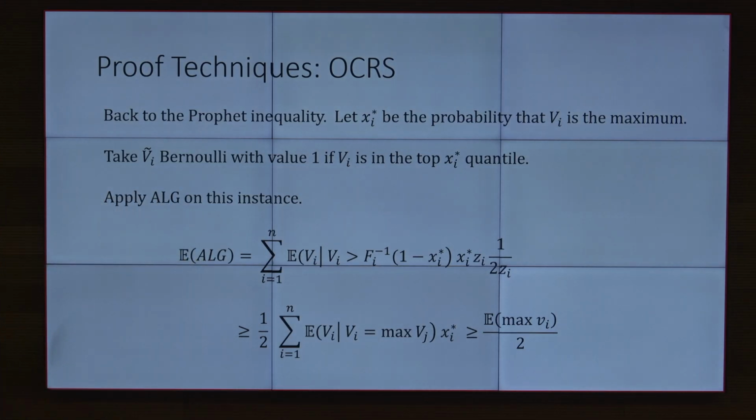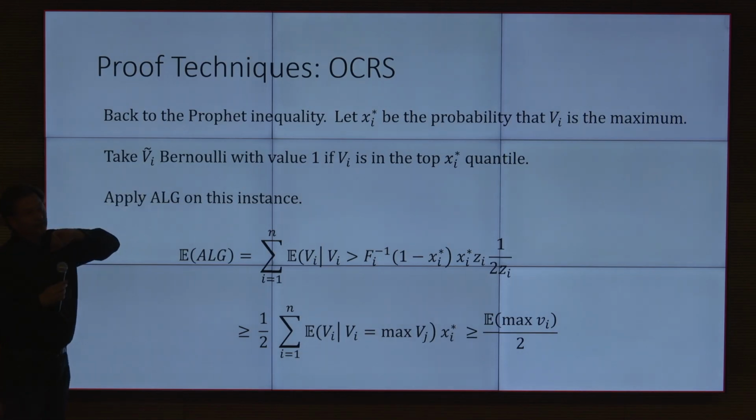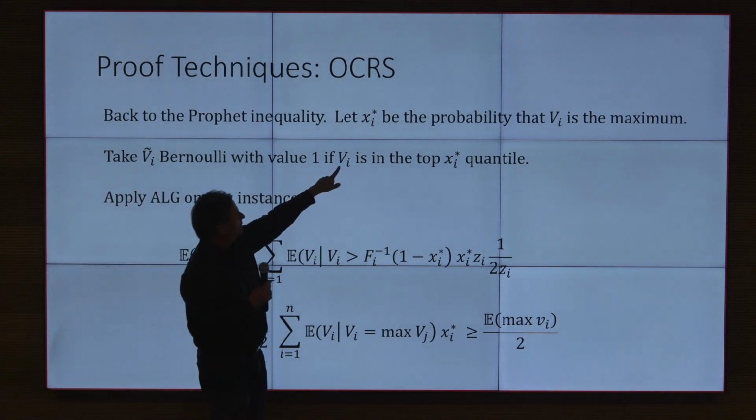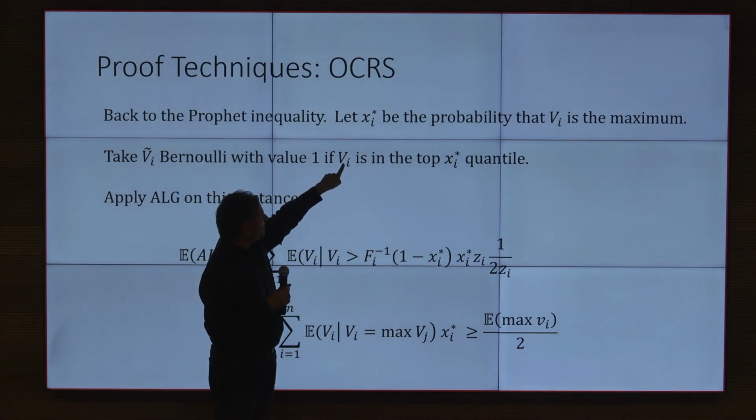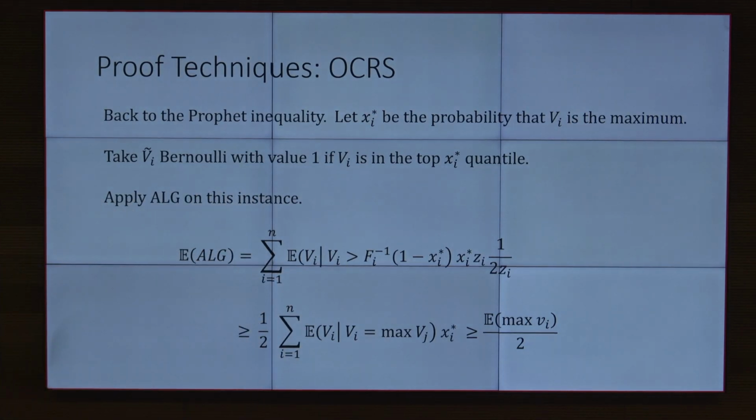Now we define our Bernoulli random variables. The Bernoulli random variable will be 1 if and only if Vi is in the top xi star quantile of its distribution. That's all. And now we apply our algorithm on this Vi tilde instance, but we evaluate the revenue with respect to the original instance.